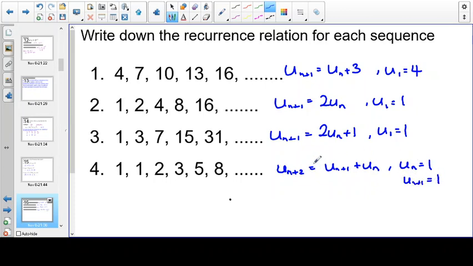So a bit of a funny one, that, but we can still express Fibonacci's sequence as the sum of the two previous terms where the first two terms are 1. Okay, so a bit of a funny one, but that's the way of describing Fibonacci's sequence.